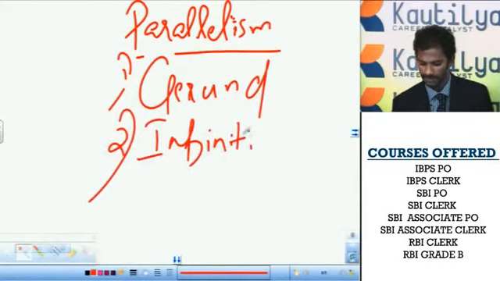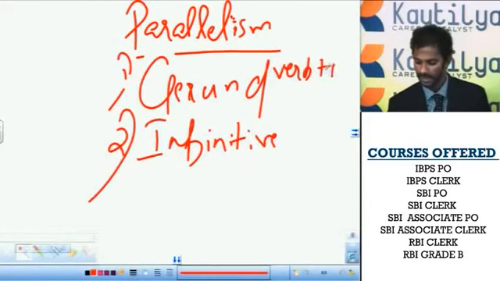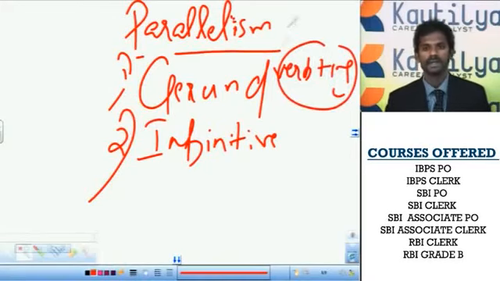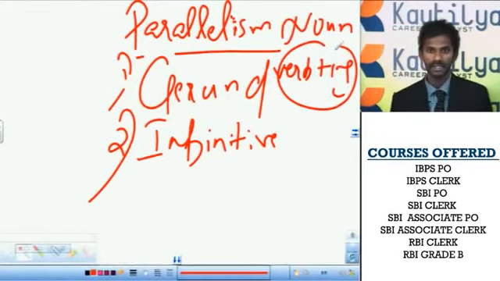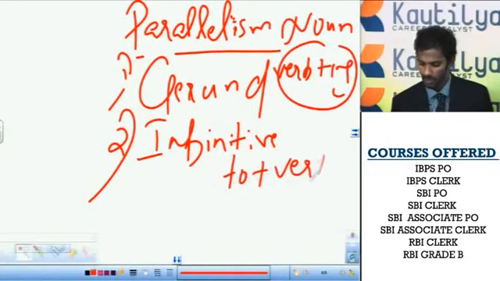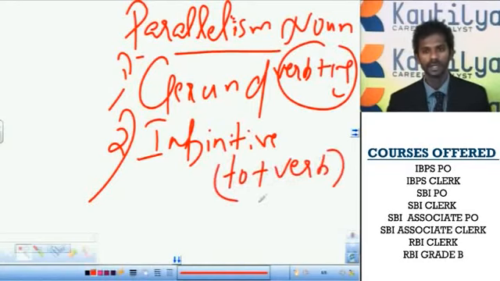Gerund, as we already discussed, is verb plus ing acting as a noun. Second one is infinitive. I told you these two terms always come together. Infinitive means to plus verb. To plus verb is termed as infinitive.